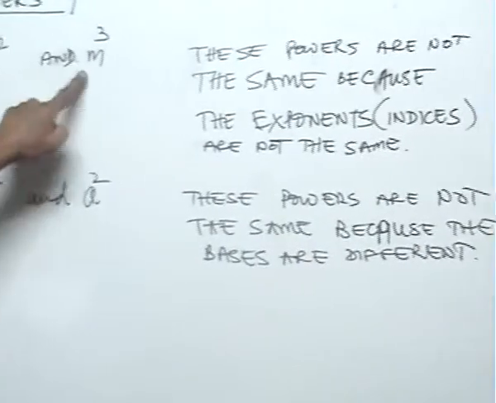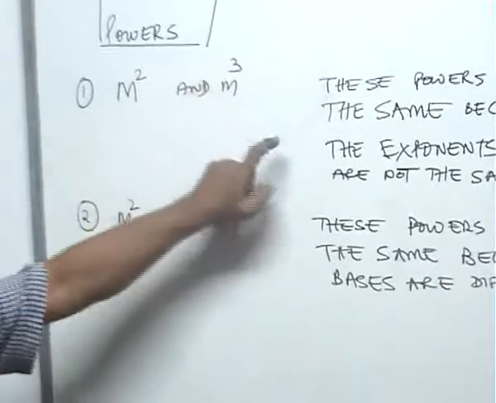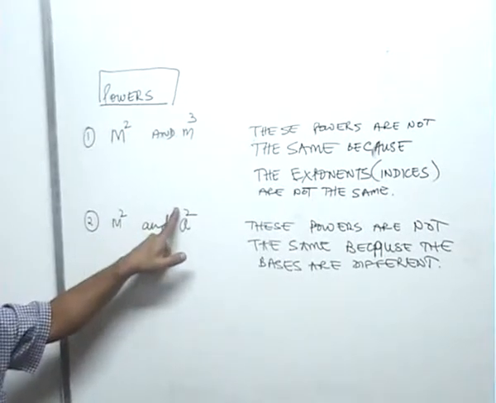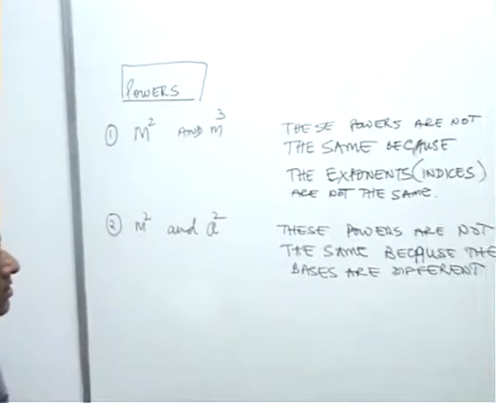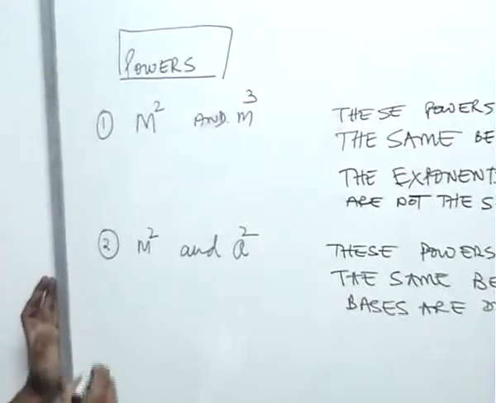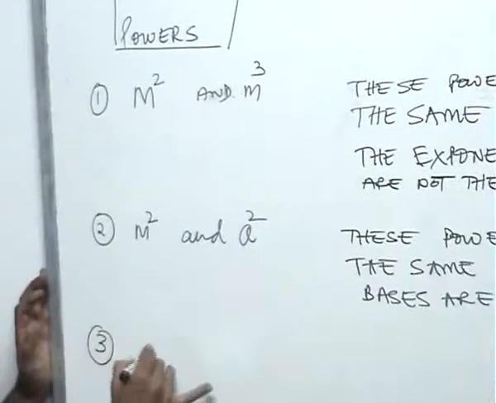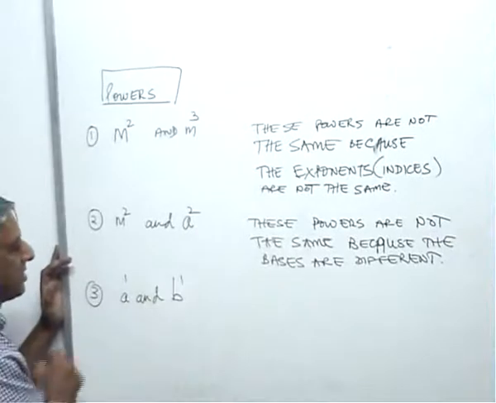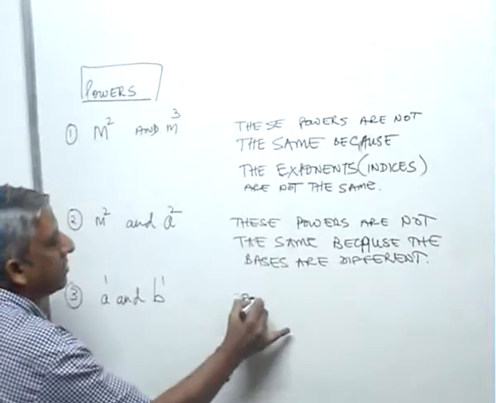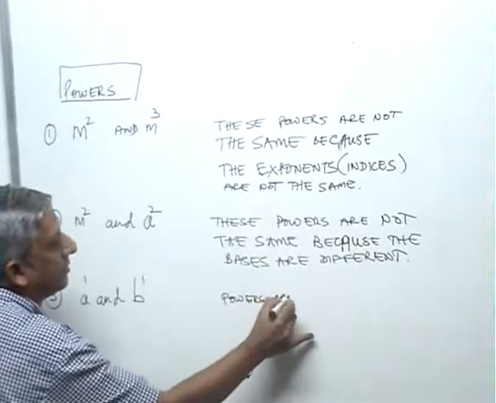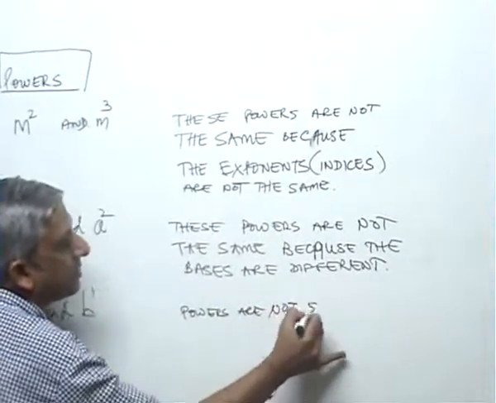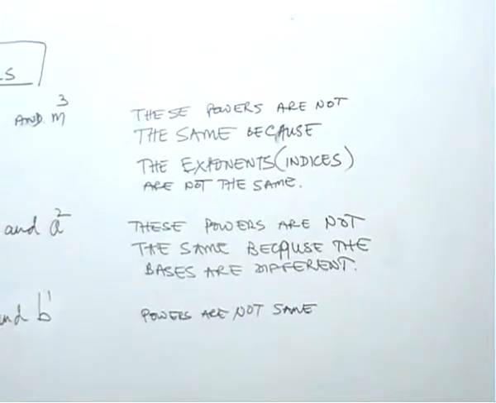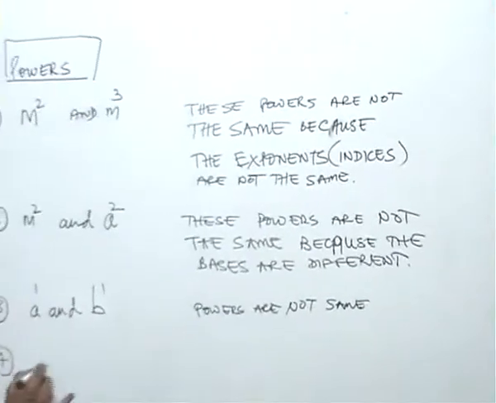So you see the first example, the bases are the same, but the indices are different. Therefore, the powers are not the same. In the second example, never mind, the indices are the same, but the bases are different. Therefore, these powers are not the same. Right, so if we look at number 3, A and B, these are bases. The indices are exactly the same, but these powers are not the same, because the bases are different.